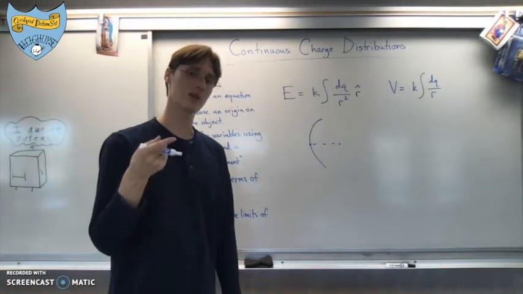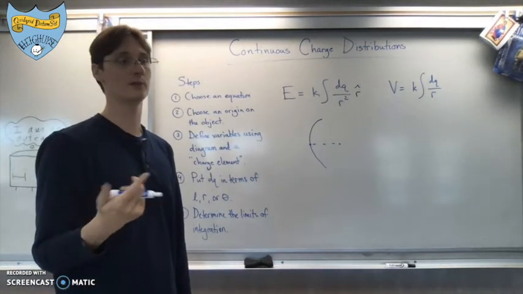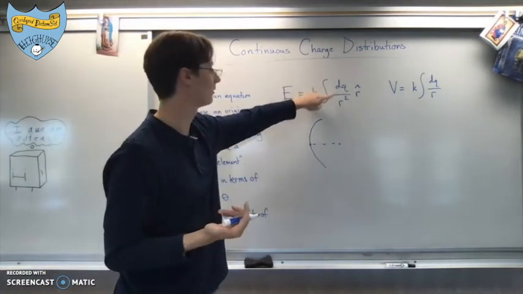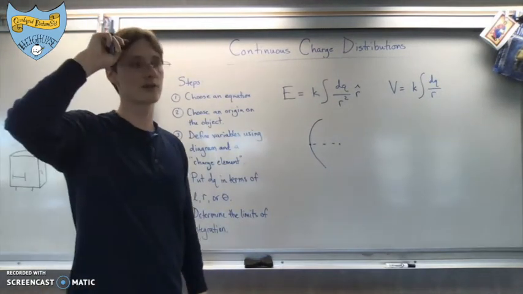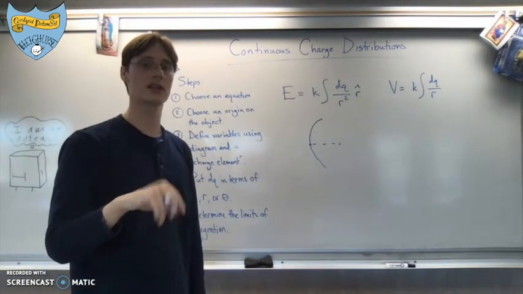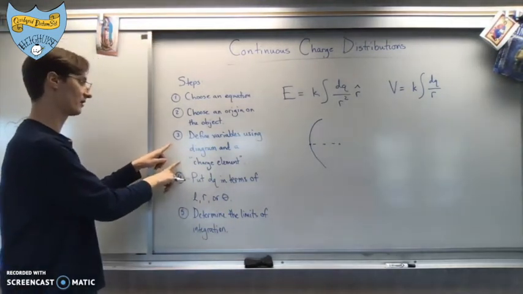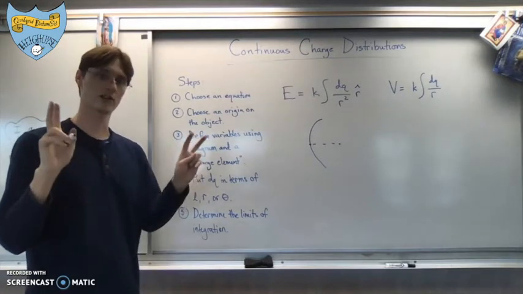You need to pick an origin in order to make defining the variables for the problem easier. Meaning, what is dq? What is r? What is r hat, right? All of those things depend on choosing an origin and then doing the next step, defining the variables using the diagram and a charge element.